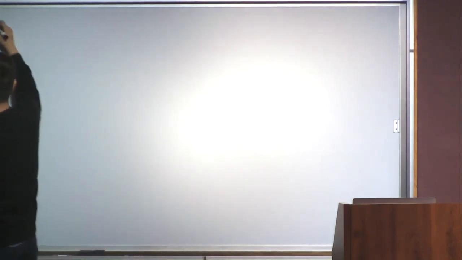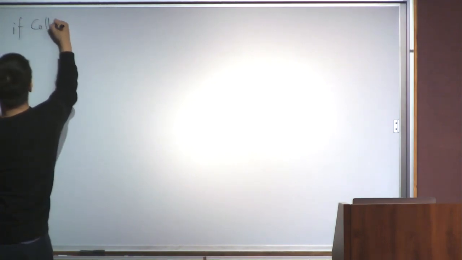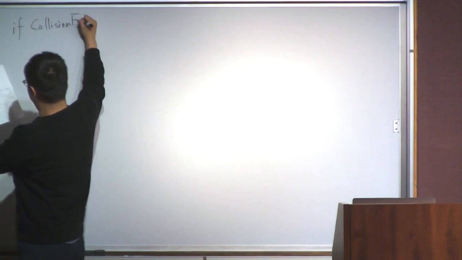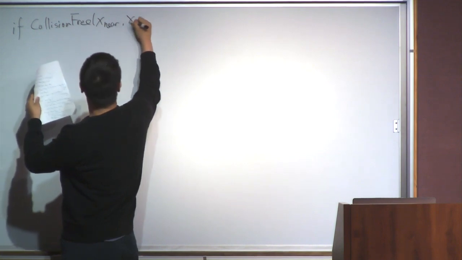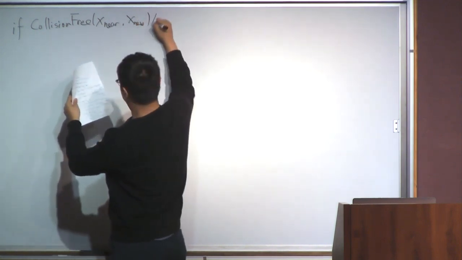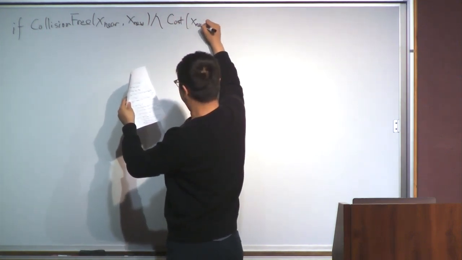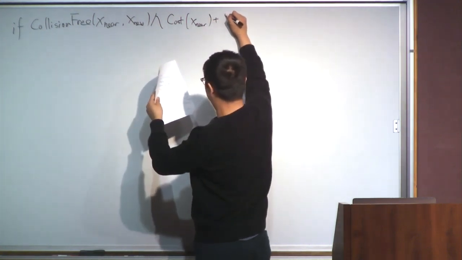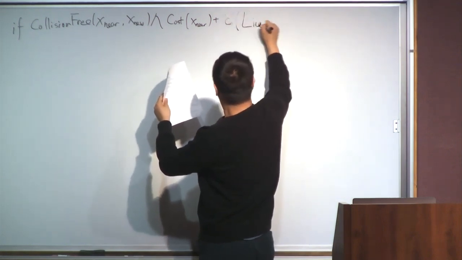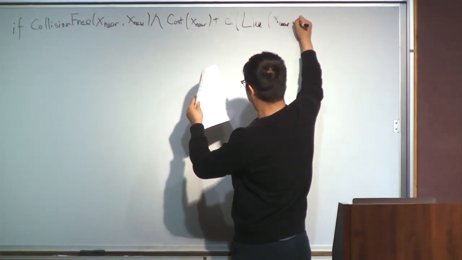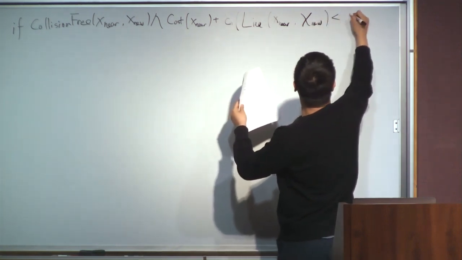So if collision free x near, x new, and the cost of x near plus the cost of line x near, x new is smaller than C min.